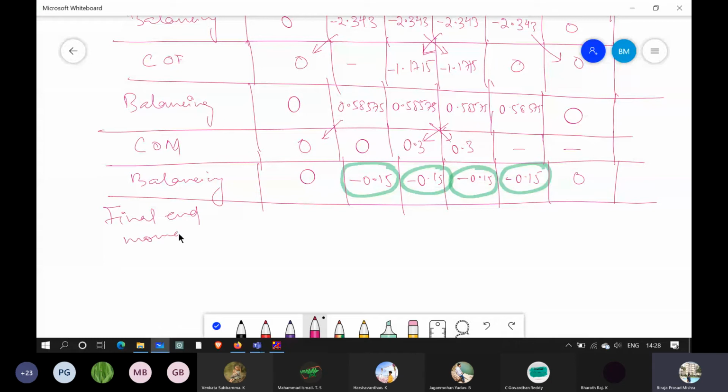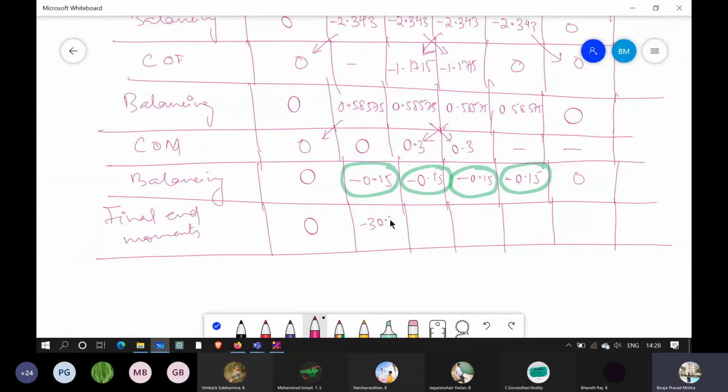Okay, now the final end moments. The total final end moment is 0, minus 30.04, plus 30.04, 30.03, minus 30.03, and again 0.